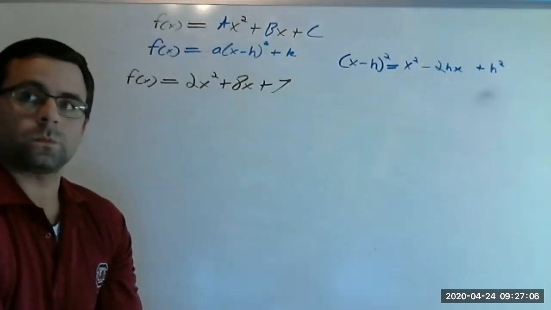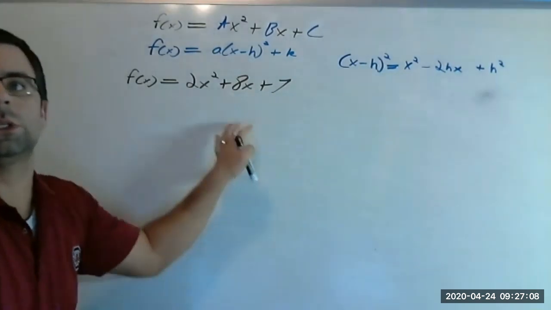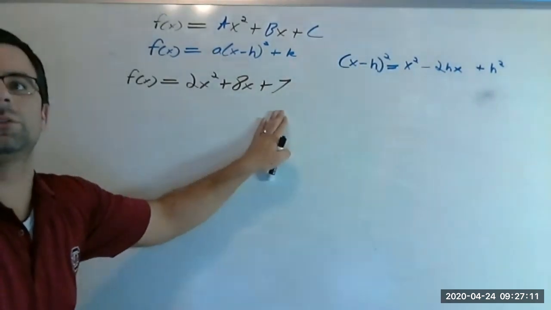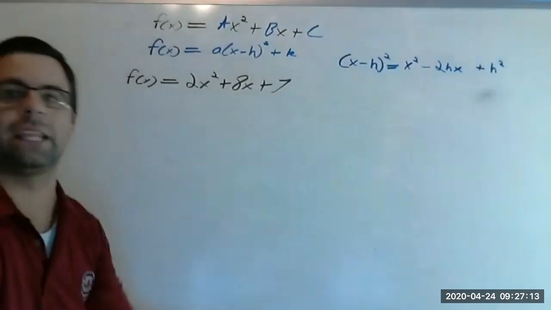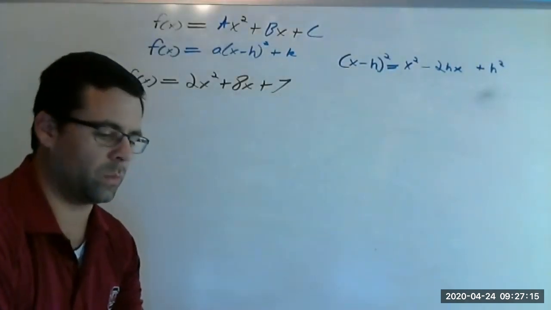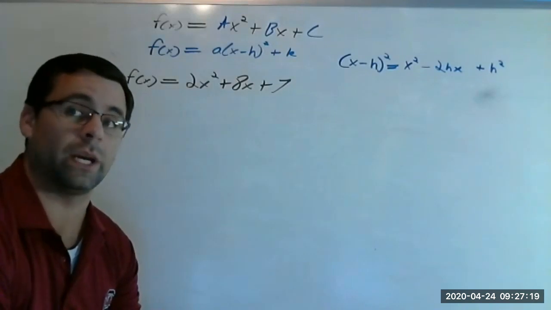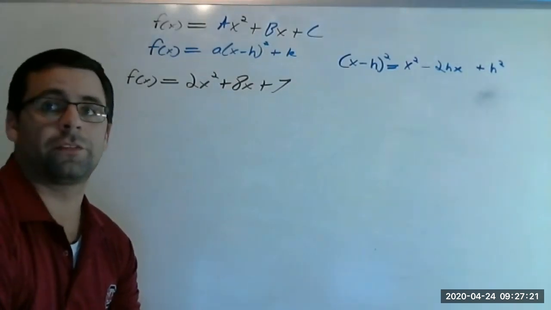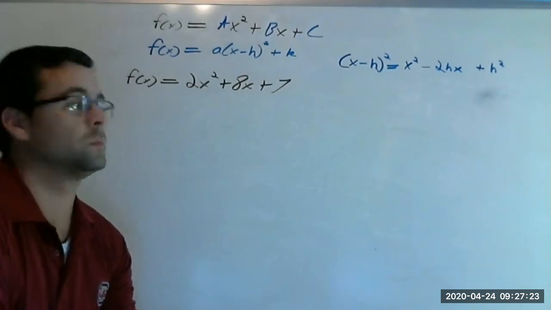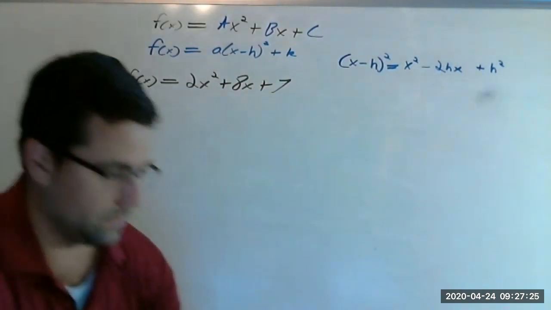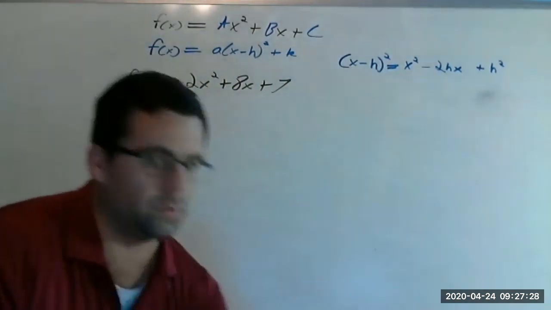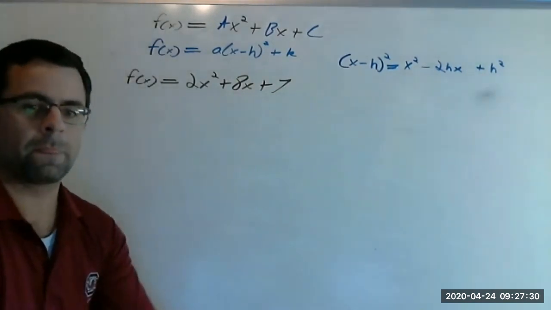So we need to kind of move this stuff around and get to something that looks like that. We've worked with this before when we were completing the square. So the first thing you do is you kind of separate things.